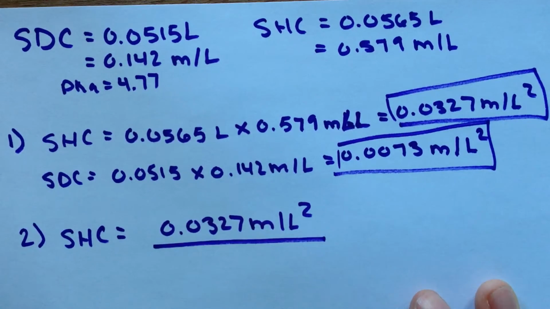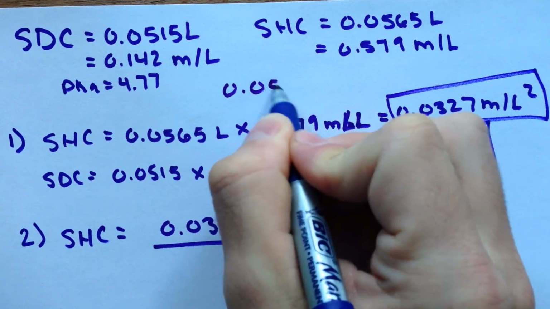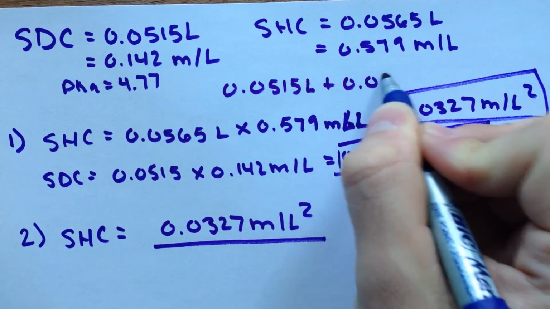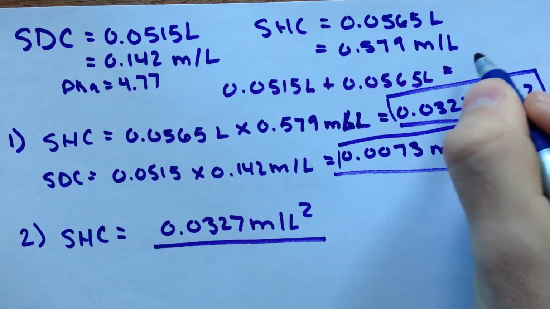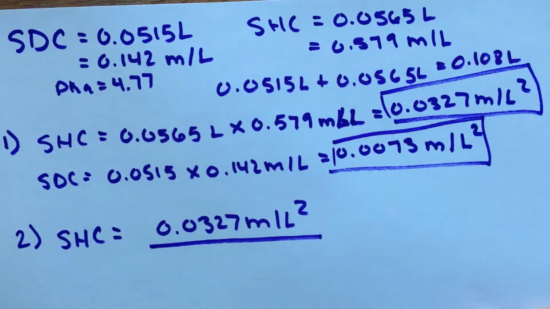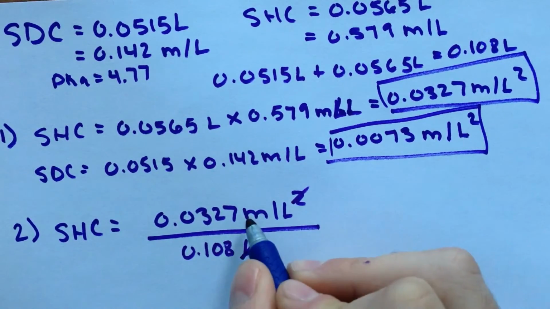So what's the total volume of the 2? 0.0515 liters plus 0.0565 liters, which gives us a total of 0.108 liters. So back down here, we're going to go divided by 0.108 liters. Liters cancel. We're left with moles per liter.